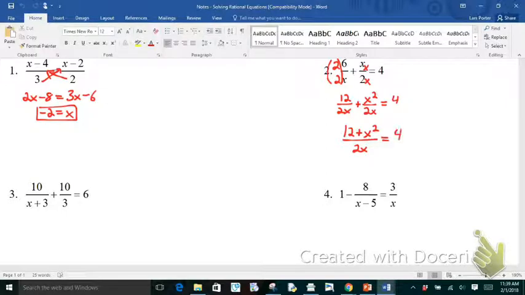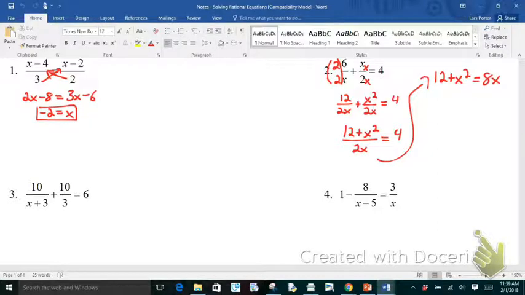And so we can cross multiply or multiply both sides by 2x, however you want to think about it. Those are doing the same thing. What that gives us is 12 plus x squared is equal to 8x.